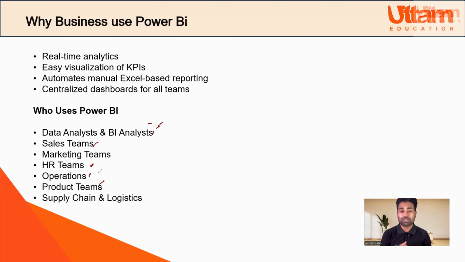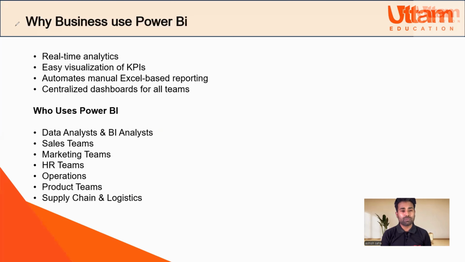The supply chain team can analyze the delivery of a product, how the delivery is going on, and which type of product is being delivered late. So we discussed every team's work. I hope the teamwork is clear.